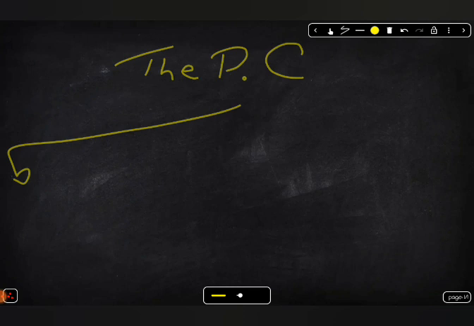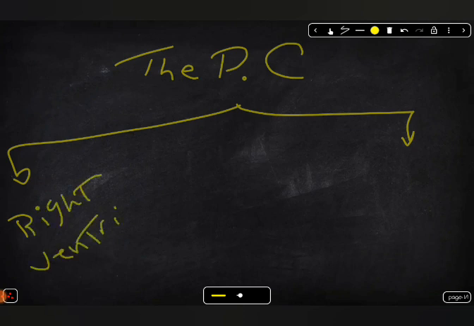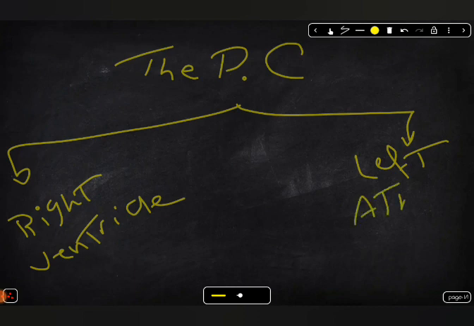I want to know that the start of the pulmonary circulation is in the right ventricle and the end is in the left atrium.